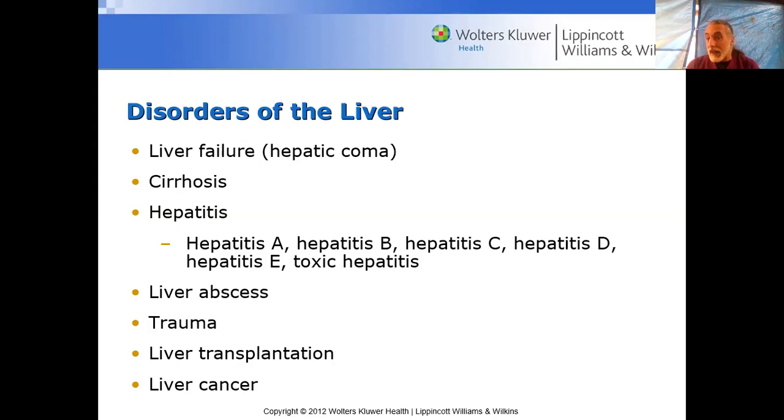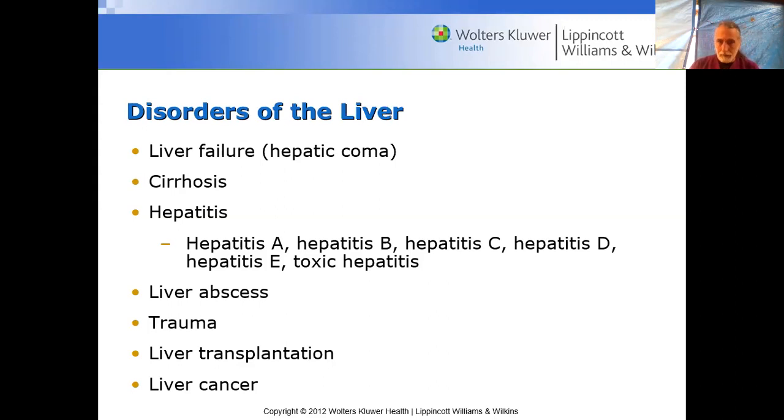Note that we have vaccines for hepatitis B and hepatitis A. Hepatitis D and E are not very common. Hepatitis C used to have no way to cure it. Now, lately, we have seen drug regimens that will cure hepatitis C in most cases.